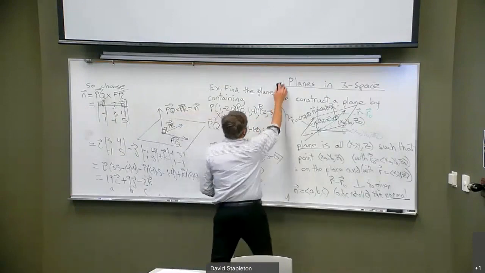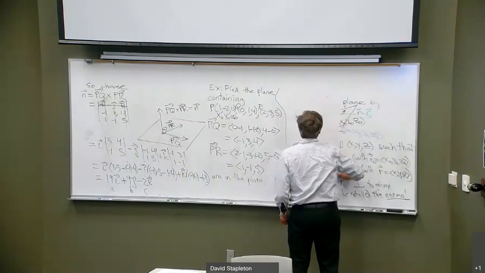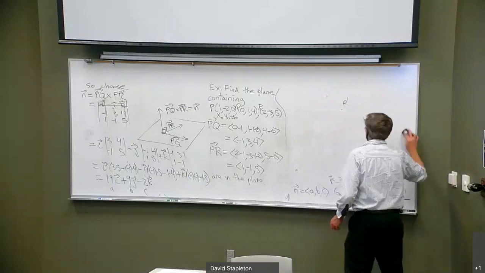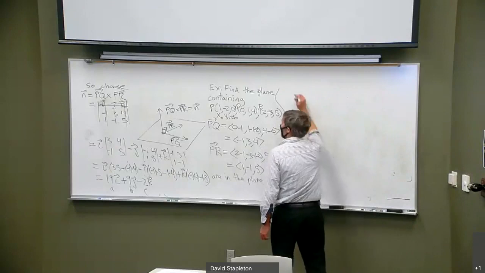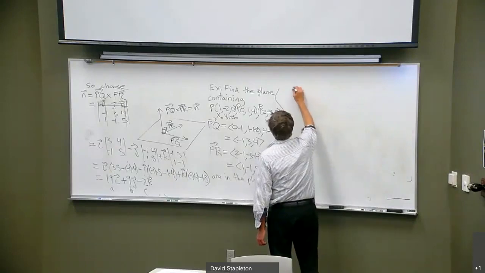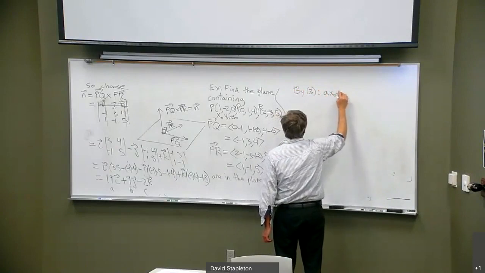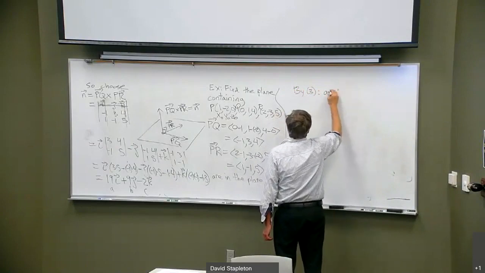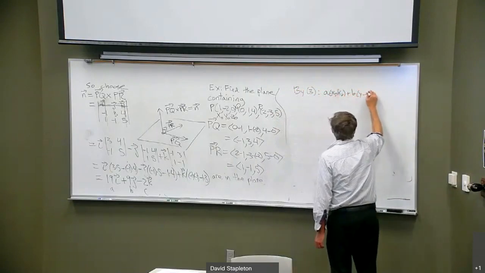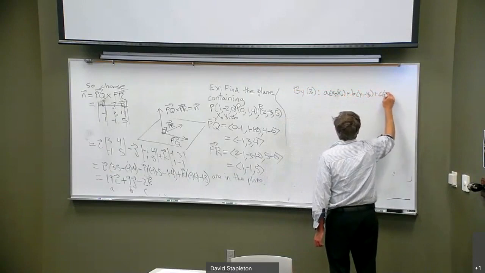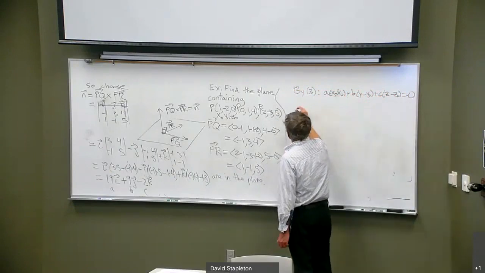And so now we immediately write the point normal form, equation 3, which was A times x minus x0 plus B times y minus y0 plus C times z minus z0 equals 0, the point normal form.